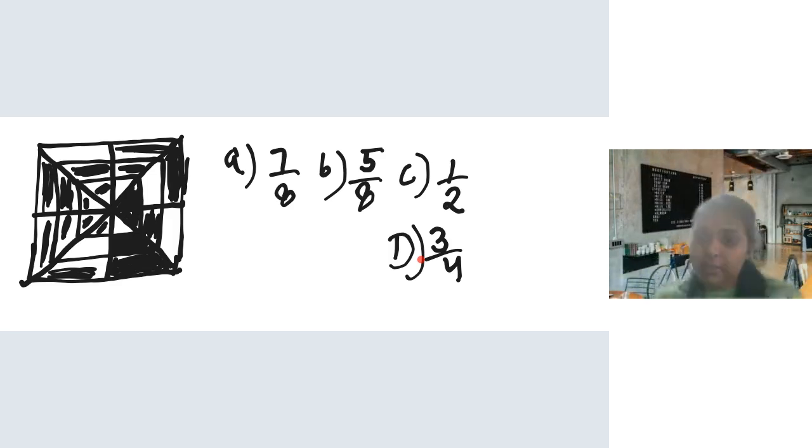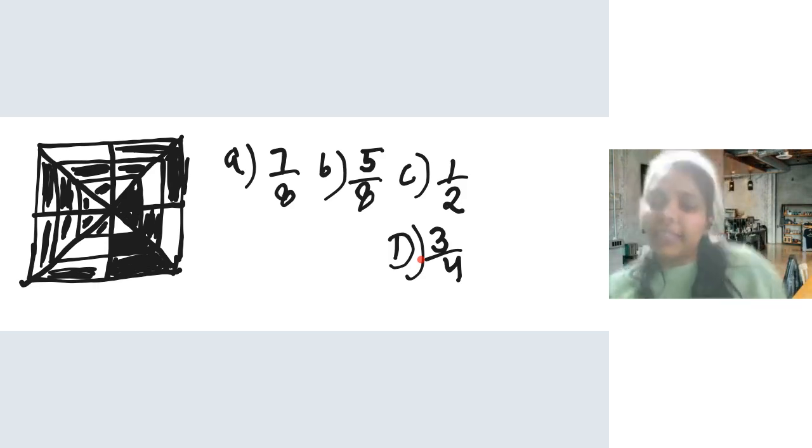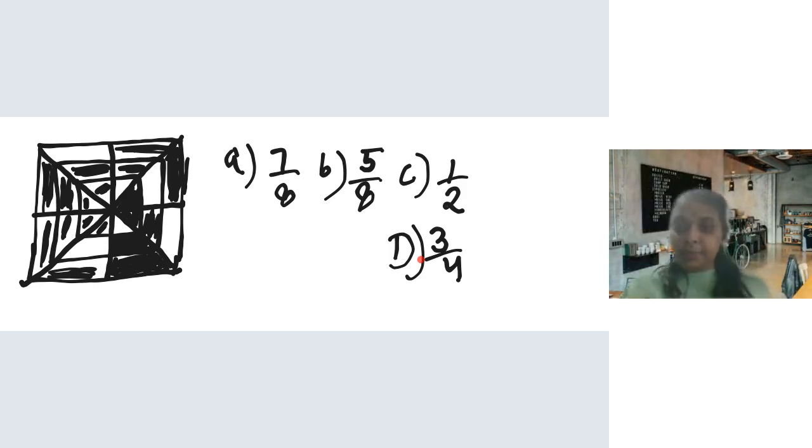It is used by builders if they are building some building. They need to first calculate the area to see how much space it will take to build it, and perimeter means how much cement or boundary we have, right? Yes, ma'am. How long the boundary needs to be made. Yes, very good.